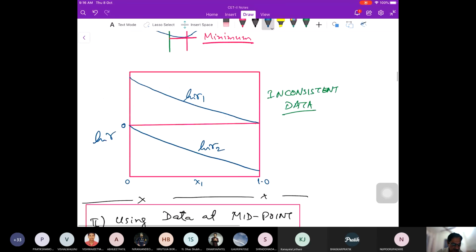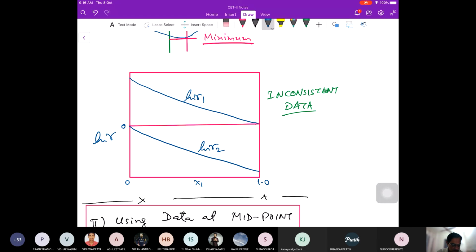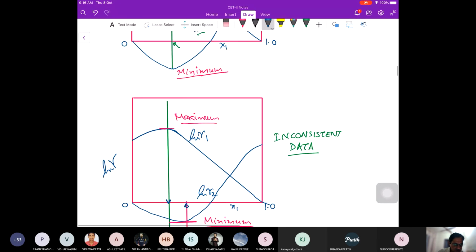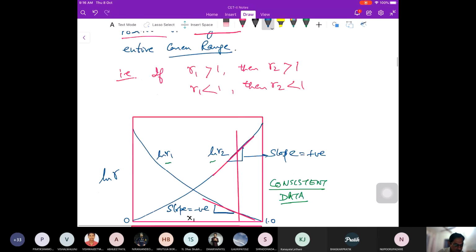Another set of inconsistent data, we'll see what is the condition for that.